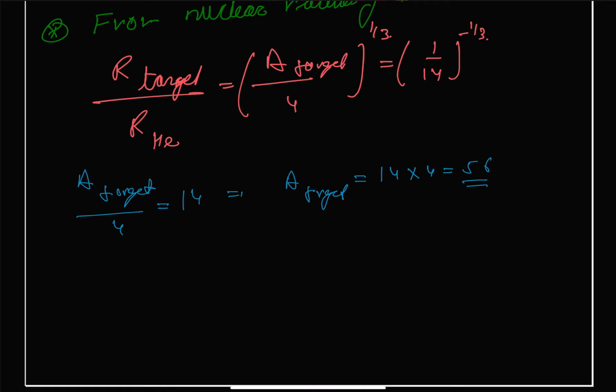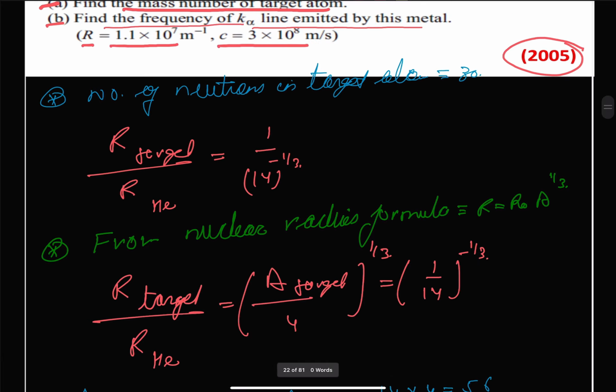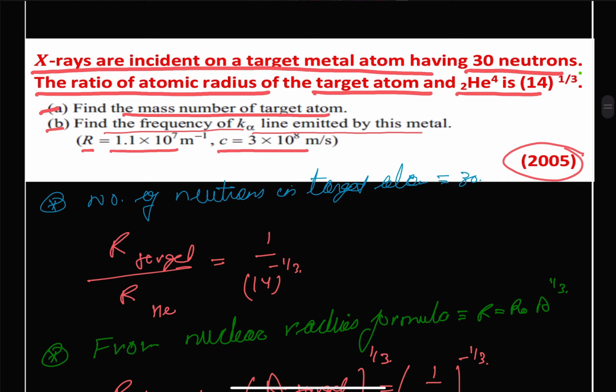Therefore, the mass number of target atom is equal to 56. Please remember this is not minus, but this is positive.